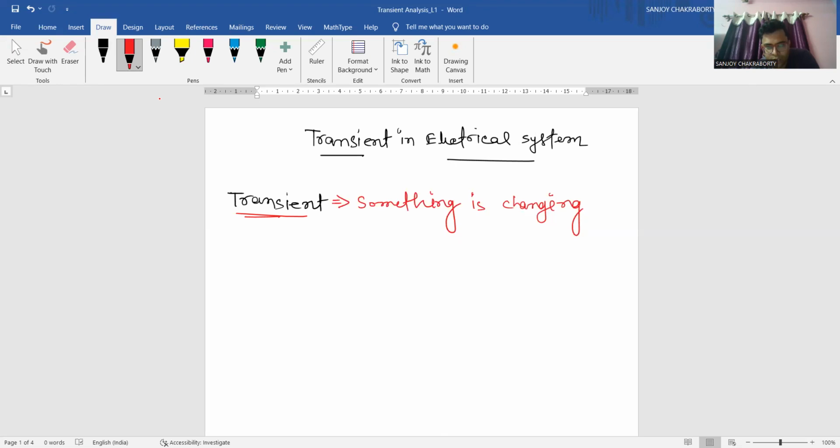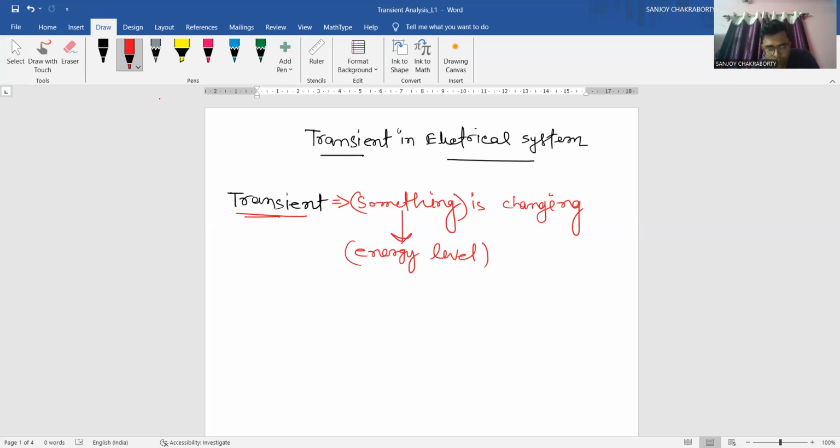If we think about electrical system like voltage or current, transient voltage means the voltage is changing. And this something is energy level. So transient analysis in electrical system basically means we need to analyze how this energy level changes from one state to another state in electrical system.